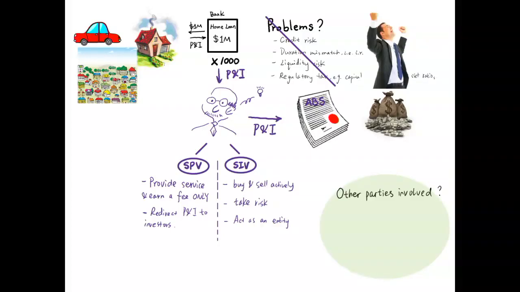Any idea who they could be? Investment bank, or what type of things they can do? I think you're talking about the smart guy, actually. Yeah, right. Any other parties involved?